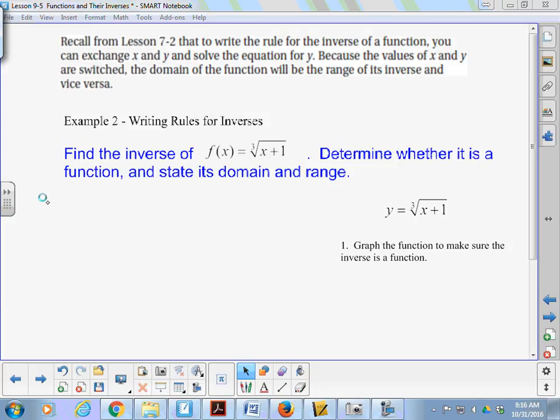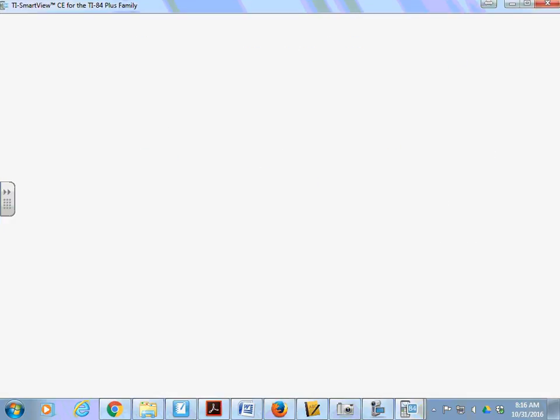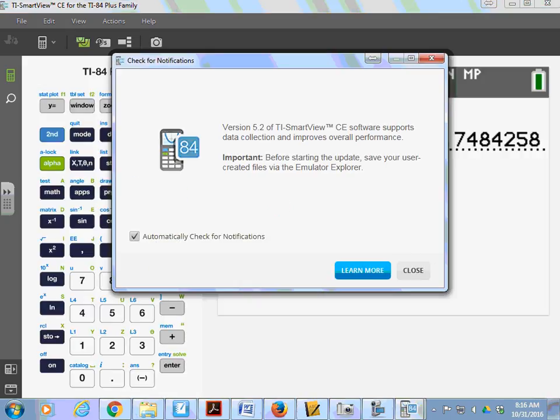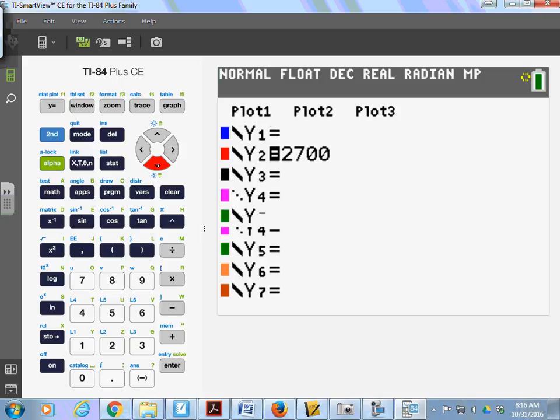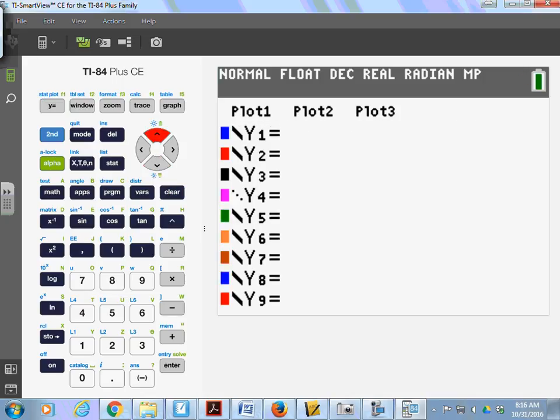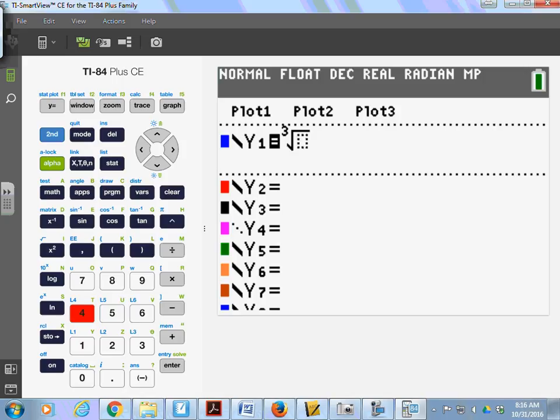Cube root of x plus 1. Cube root is under math, number 4. X plus 1.